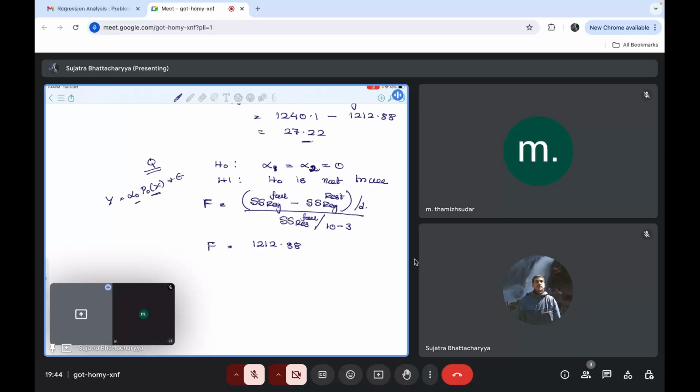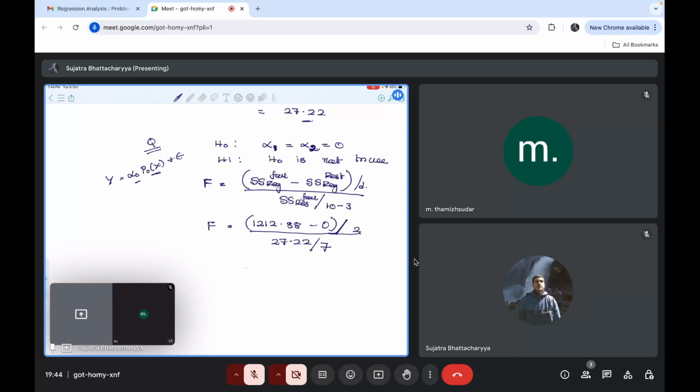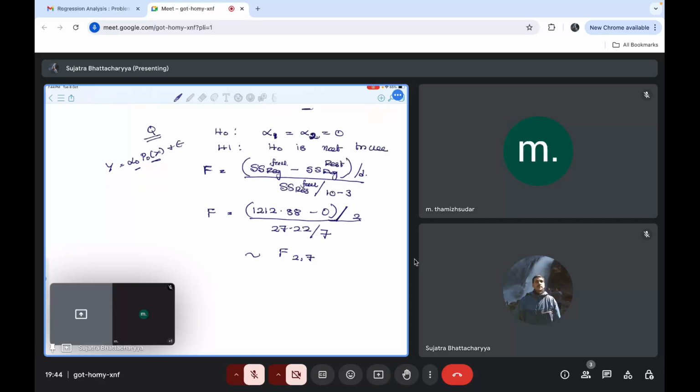So the SS regression of this will be always 0, divided by the degrees of freedom. How many will it be? 2. Correct? And divided by 27.22 we have calculated, divided by 7. So you just do it: F with 2 comma 7, and you can check for 0.05.